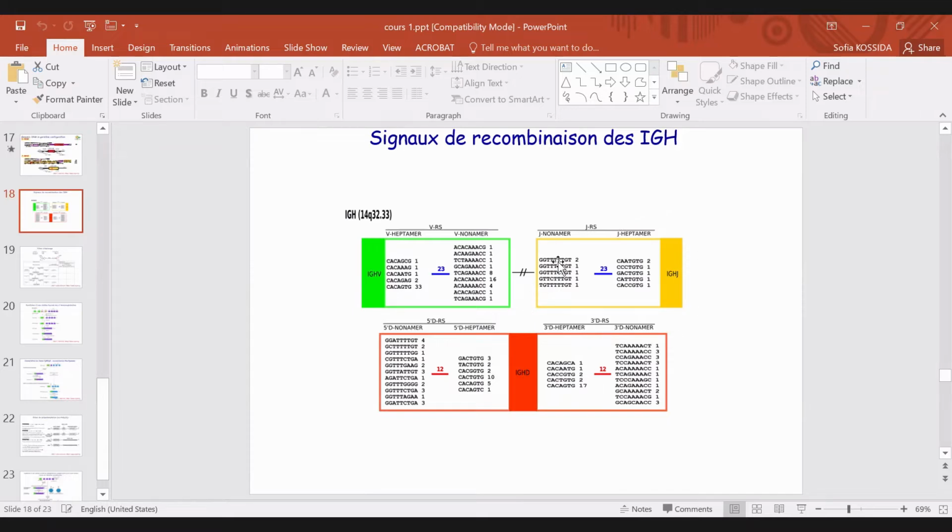Once this has happened, a variable gene can recombine with this complex because the rule of 23 and 12 is respected. Is this clearer? Okay, thank you.